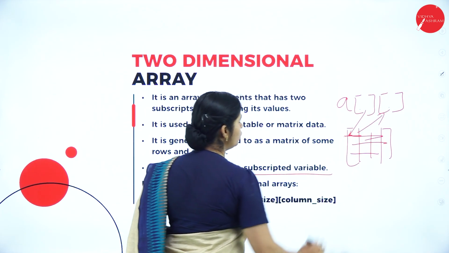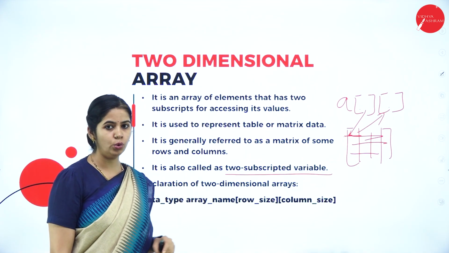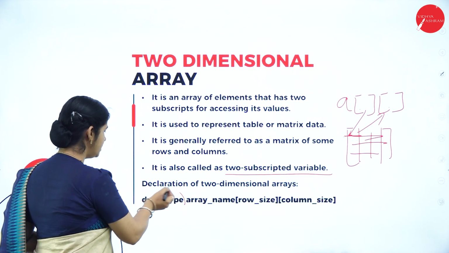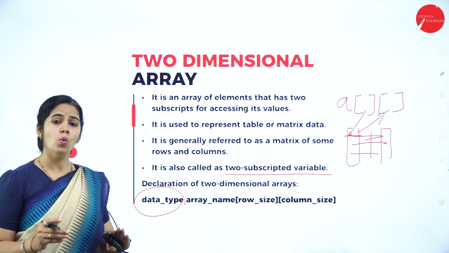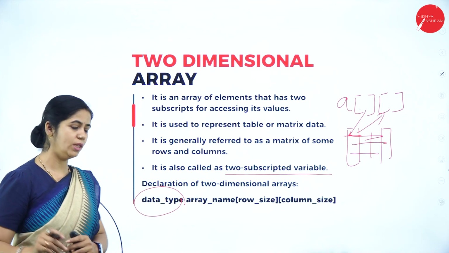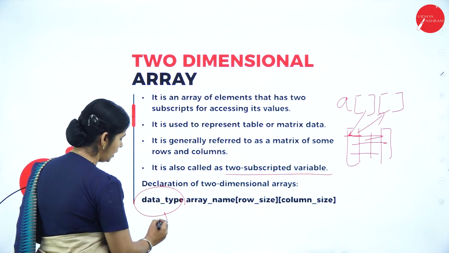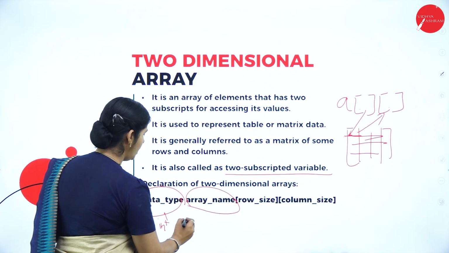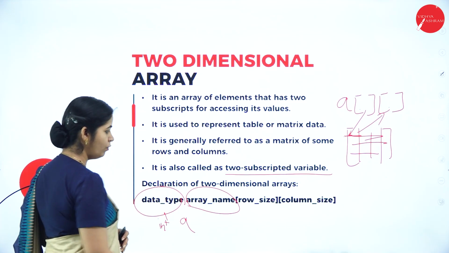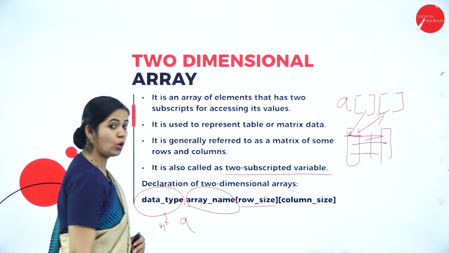As we are using two subscripts, how can we declare the two-dimensional array? Same method. We have to specify the data type, which data we are going to store in the array. If it is an integer, give int. Then the name of the array, say A is the name of my array. What is the row size?